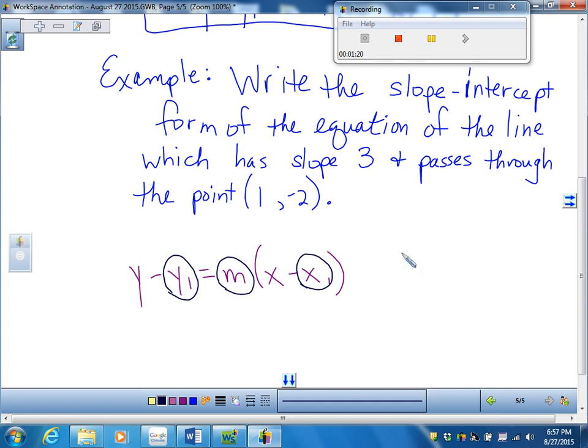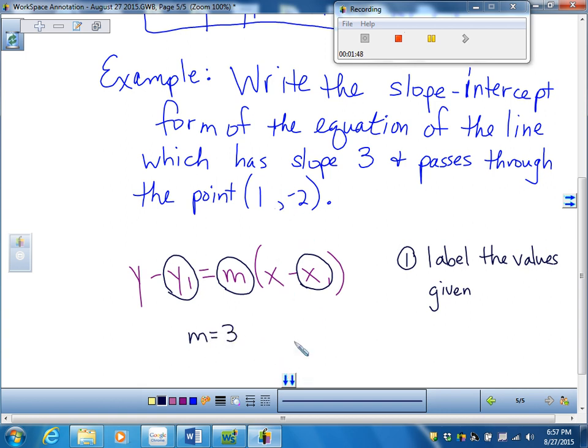Then, after I've done that, I'm going to label the values that have been given to me. So I'm going to take my slope, which is 3, and that's going to be my m.